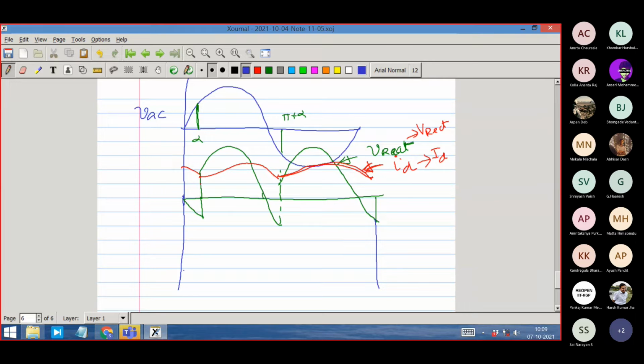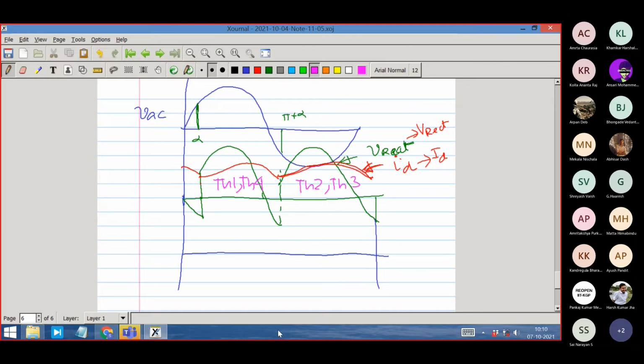Now I will draw the AC side current. I have already written the equation. Who is conducting here? Let me write it clearly. Here, TH1 and TH4 are conducting, and in this zone, TH2 and TH3.